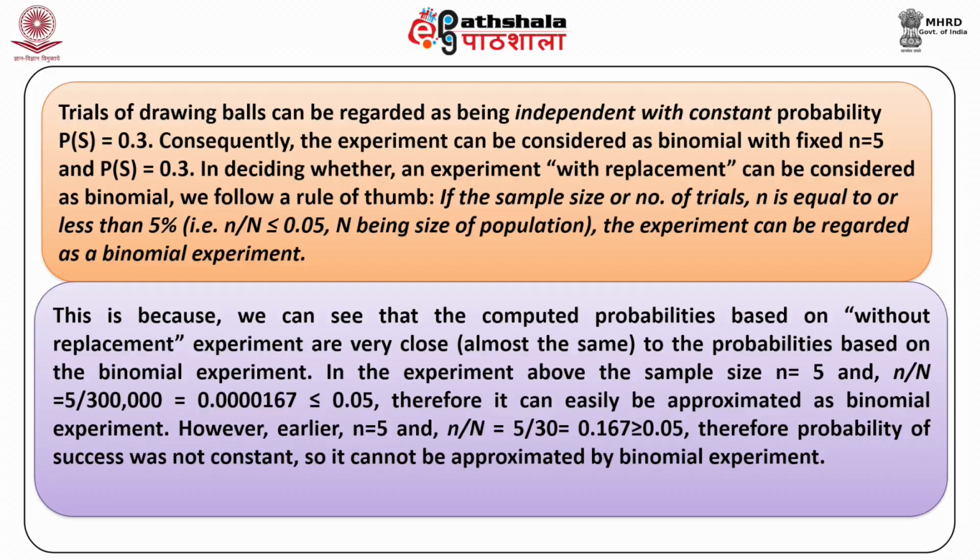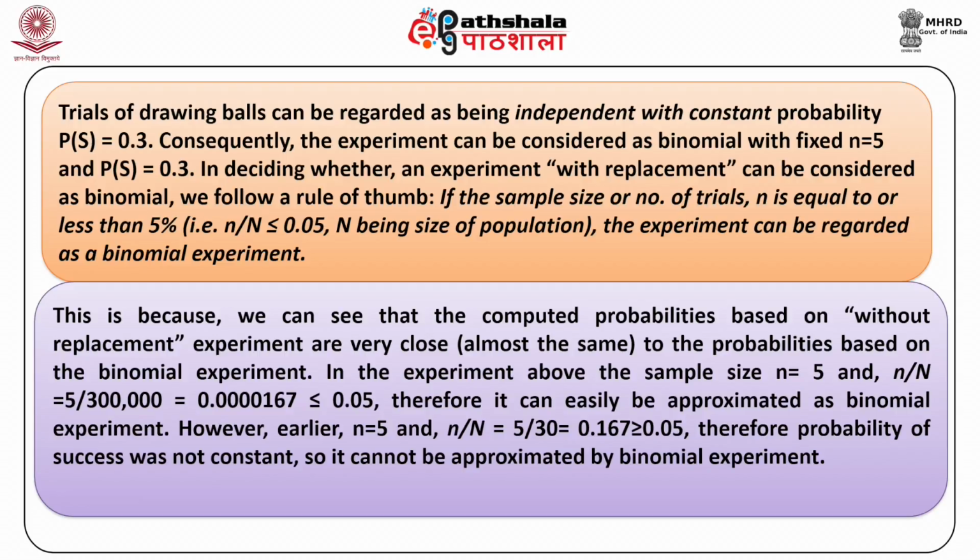In the experiment above, the sample size n is equal to 5 and small n upon capital N is 5 upon 3 lakhs, which is 0.0000167, much less than 0.05. Therefore, it can easily be approximated as a binomial experiment.